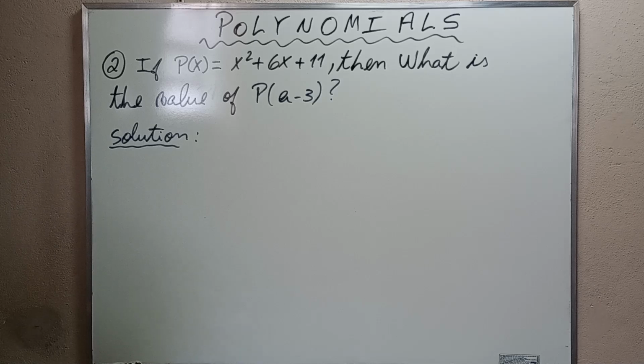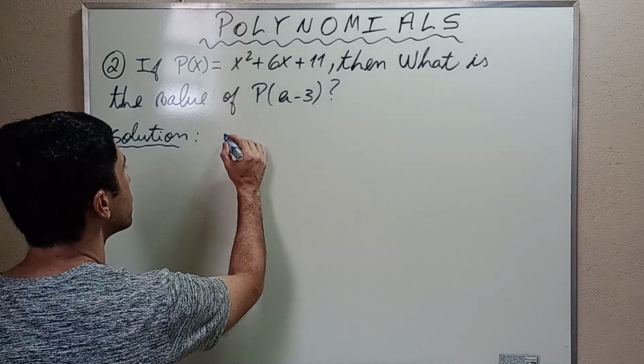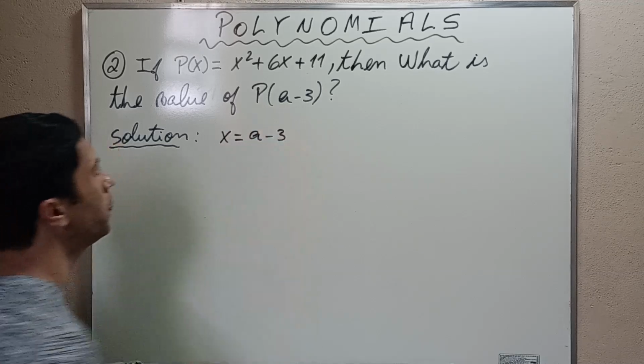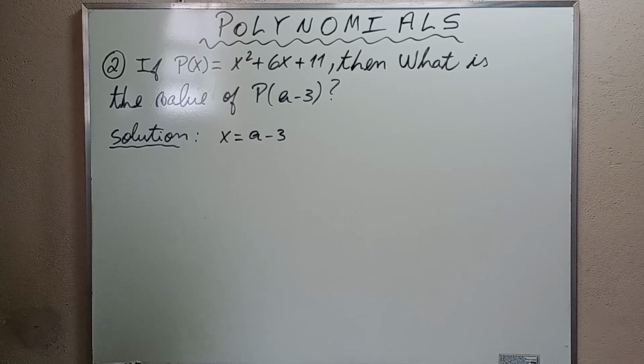To find the value of p of a minus 3, we simply substitute x equal to a minus 3 in the expression of the polynomial. Okay? This is what we are going to do.